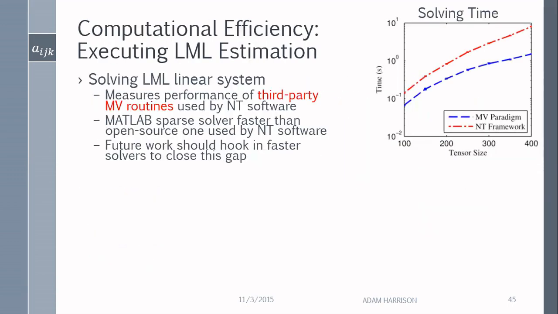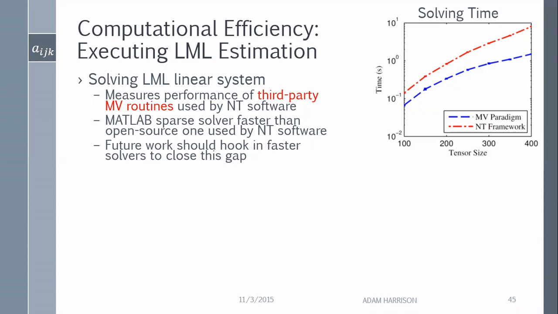Okay, so besides programming efficiency, what about computational efficiency? There are two parts to this. One is actually solving a linear system of equations. We looked at solving this using our numeric tensor framework and compared it to the matrix vector framework, using MATLAB. MATLAB is very good at computing solutions for models from the matrix vector framework.